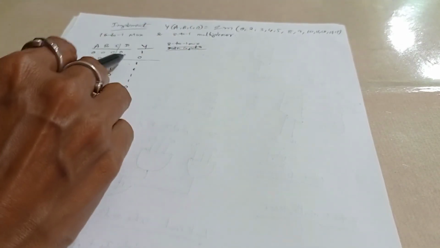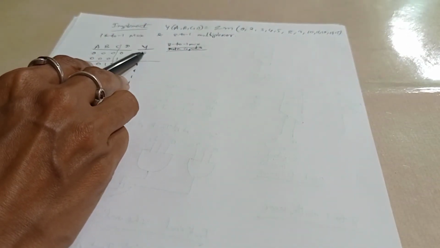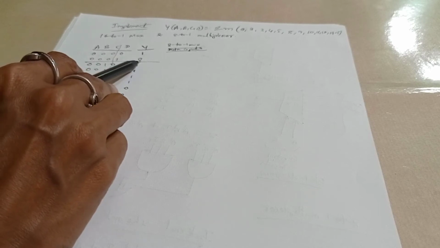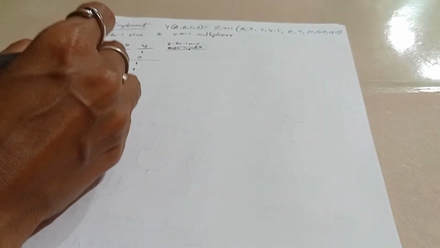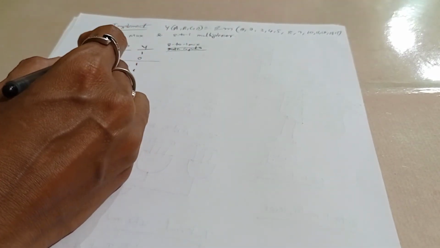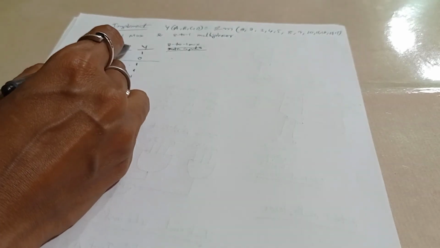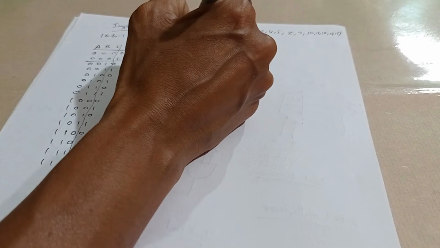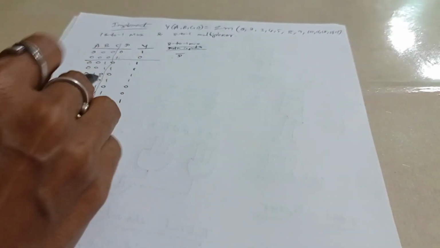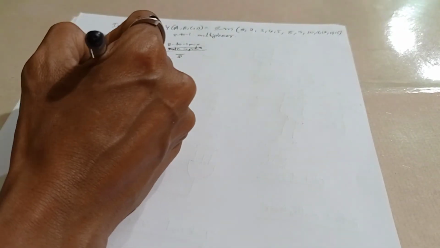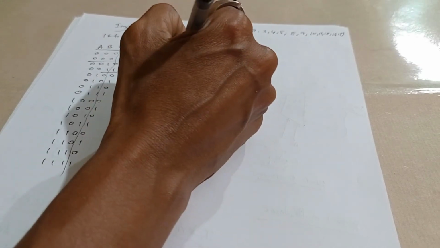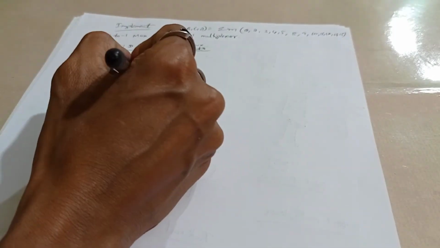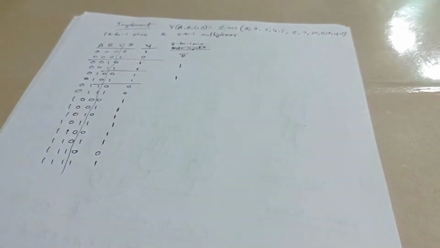Now we'll see. Where 0 becomes 1 and 1 becomes 0, that means reverse, so we need to enter MEV bar. MEV is taken as D, so write D bar. Next, both the outputs are 1, so place 1. Again both the outputs are 1, place 1.